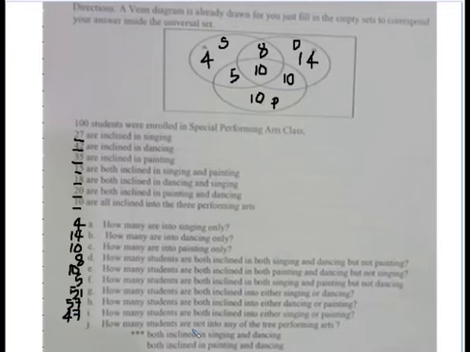Then the last one: how many students are not into any of the three performing arts? How many students are given here, class? There are actually 100, right? So 100. We're going to list all the elements here for the three performing arts. So again, let's add singing and painting.